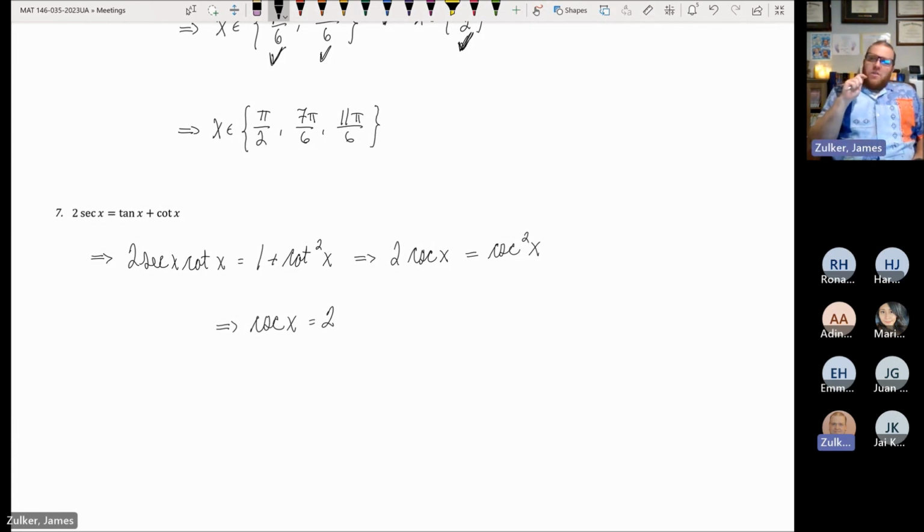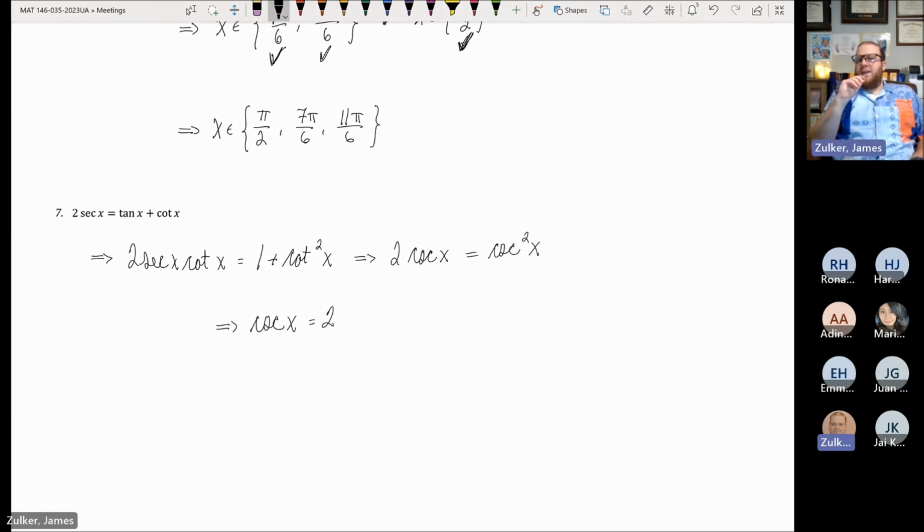The range for cosecant is all real numbers except those between -1 and +1. Meaning cosecant can never be 0.